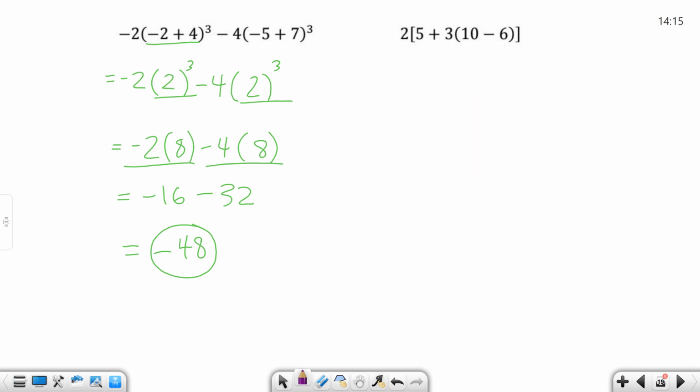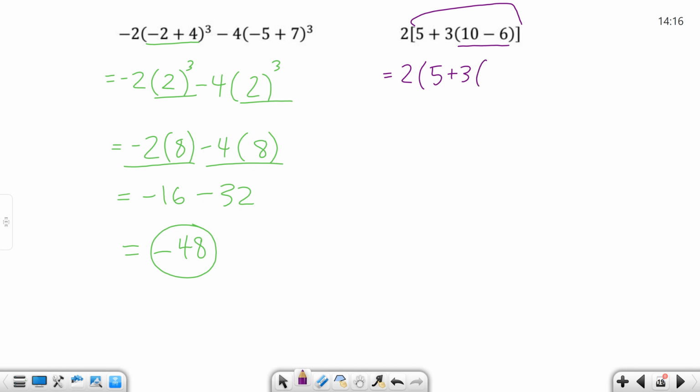There's no special anything needed. Parentheses, brackets, it's all the same thing. So 2, and then we have 5 plus 3, and we do the inside parentheses first, because inside this bigger parenthesis we have to do PEMDAS, and inside there we have another parenthesis. So we have to work our way inside out.